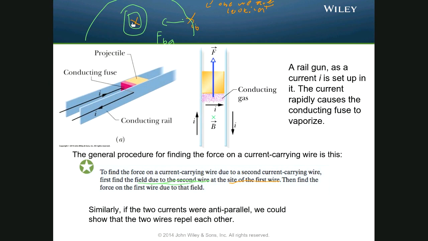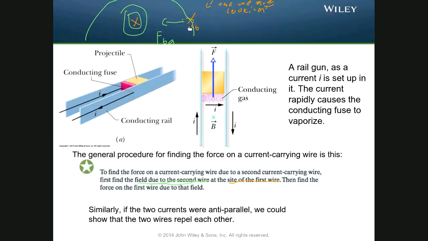We must first find the field due to this second wire here, the field from this wire onto I B, onto this wire, the one I'm selecting now. So we use the Biot-Savart law to find that field. Then we find the force on the first wire, the force on this wire that is due to that field.